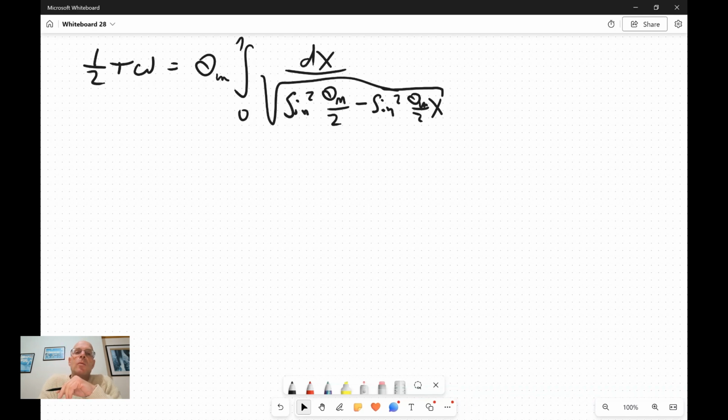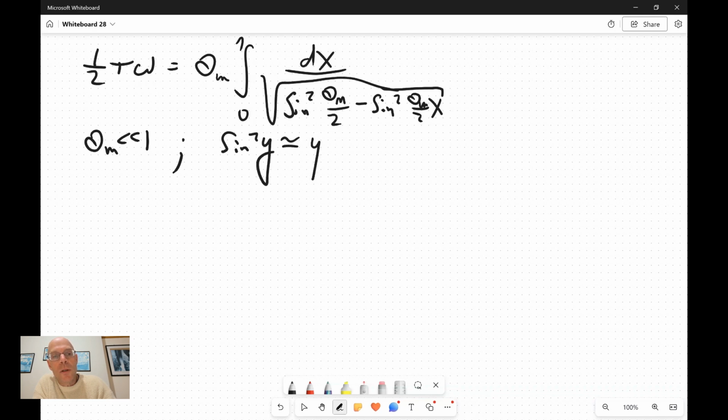The first thing I would like to show is the small angles approximation. So when theta max is much smaller than 1, we can use the approximation that sine squared of y is y squared.